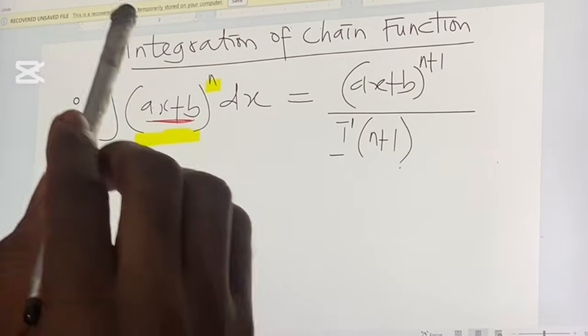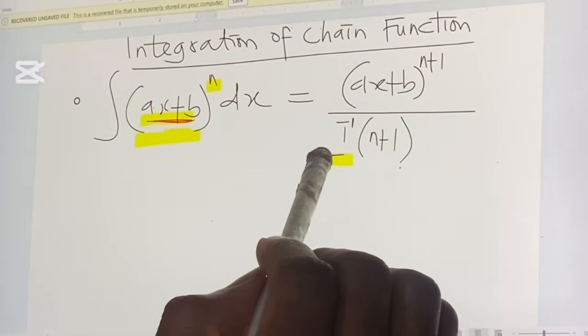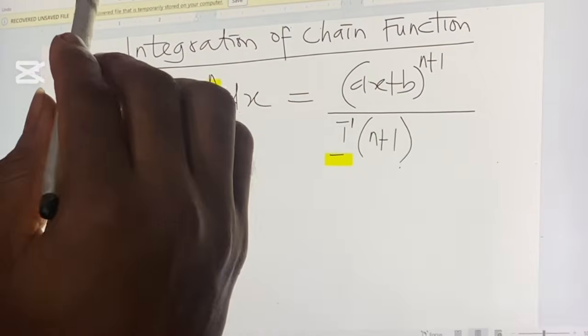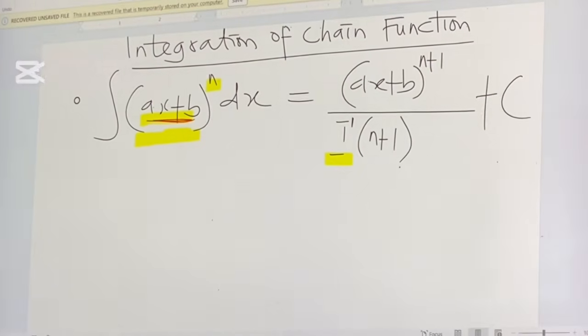The inner derivative simply means differentiate what is inside here and you will get this. So n is the power here, plus 1, plus c, since this integral is an indefinite integral.